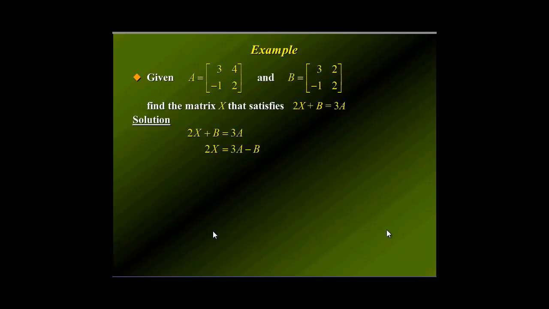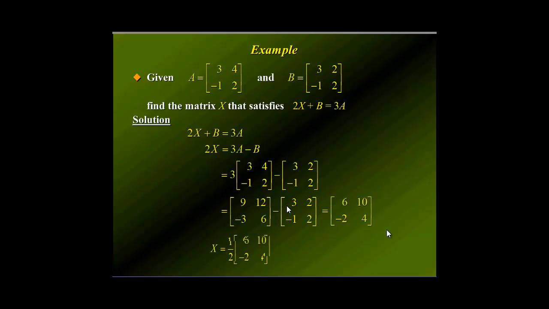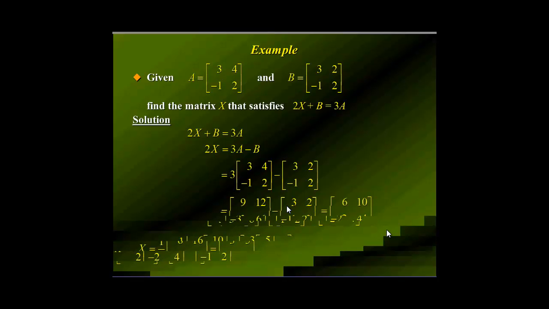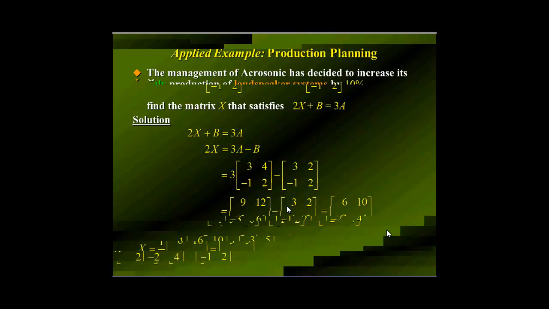We can solve it like this: 2X is equal to B plus 3A, and you are given the equation, so take it from the left to the right side, and X is equal to like this, 2 by 3, and just add them, multiply them, and you will get the matrix. X is equal to 1 by 2, and just put 1 by 2 inside, you will get this matrix. So this type of questions you have to know about it.